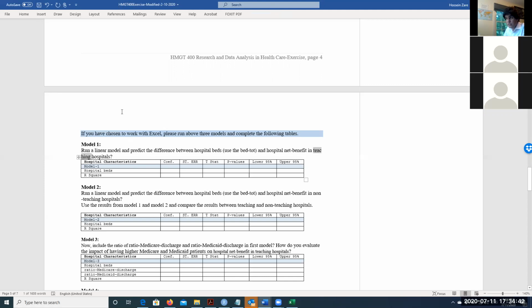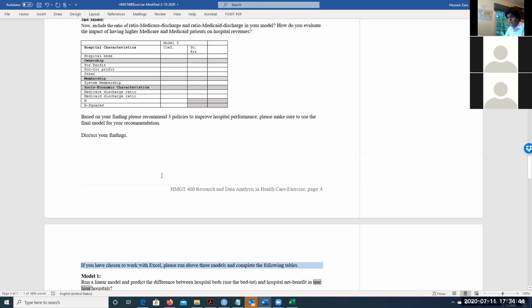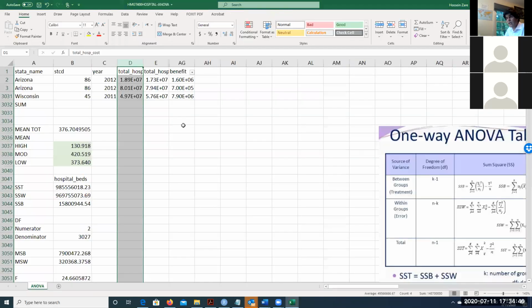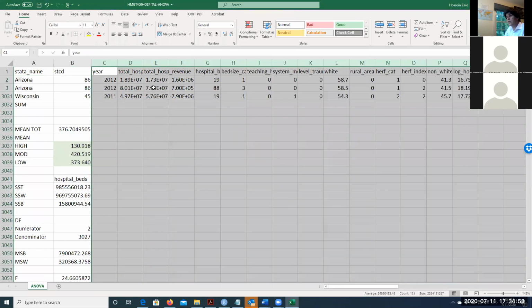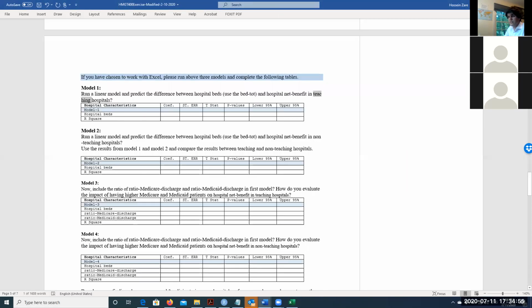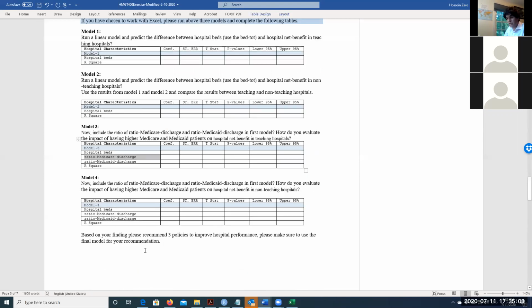So the question didn't ask for the entire data. The question asked only for teaching. Let's go ahead, and this is the thing I did. I had hospital beds. I need a ratio for Medicare, and that's it. I need 4 variables.